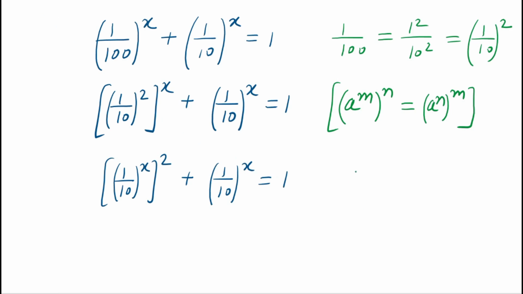Now we will apply substitution. If we substitute (1 over 10) bracket power x is equal to m, then this expression is replaced by m square plus m is equal to 1.